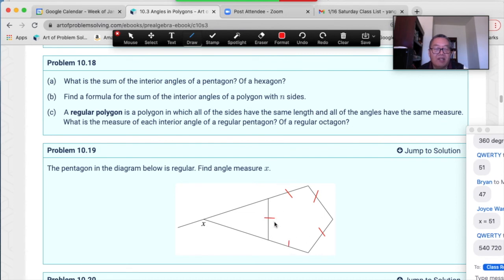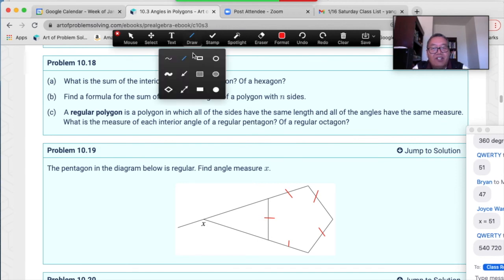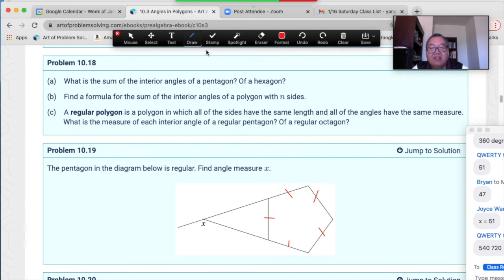This is a pentagon. I have already told you the sum for a pentagon should equal 540. You can prove this by drawing the two diagonals here.